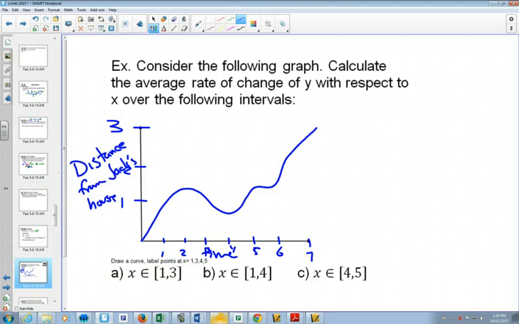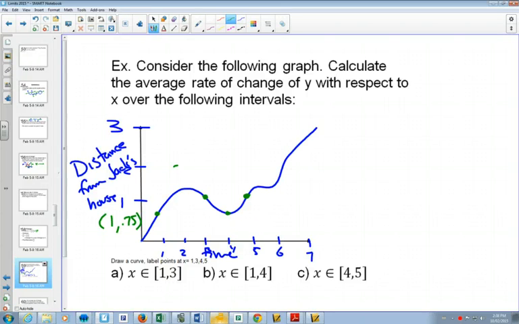So we got some crazy things happening in this graph. What this is looking at here is we're going to try and calculate the average rate of change of y with respect to x over these following intervals, x from 1 to 3. So dots on here. Here is 1. Here is 3. Okay. 1 to 4, there's 4. And from 4 to 5. So we're going to label these points, just estimate them. We've got 1, 0.75.